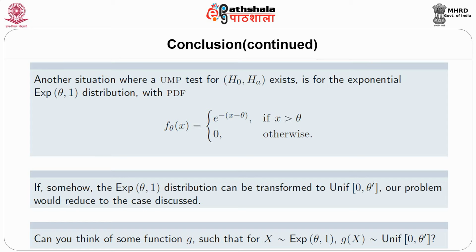Can you think of some function g such that if x follows this distribution, g(x) follows uniform 0 theta dash?